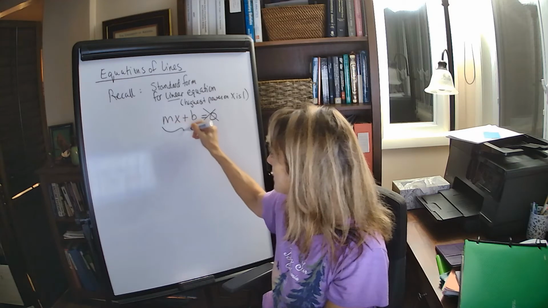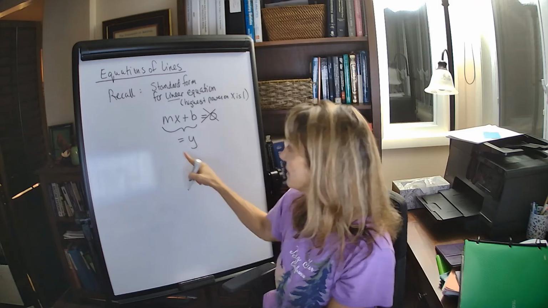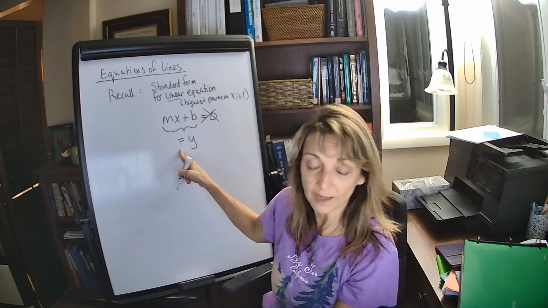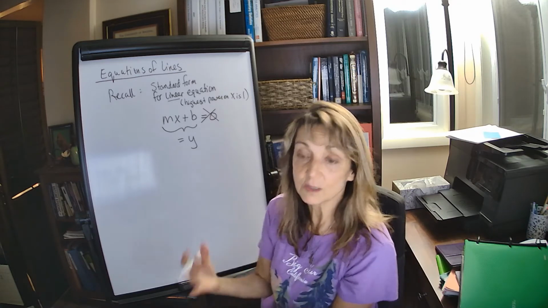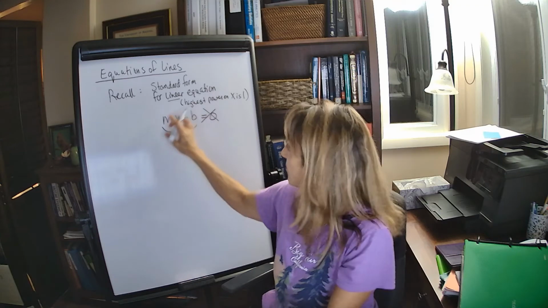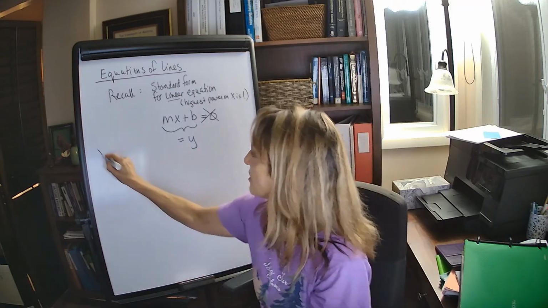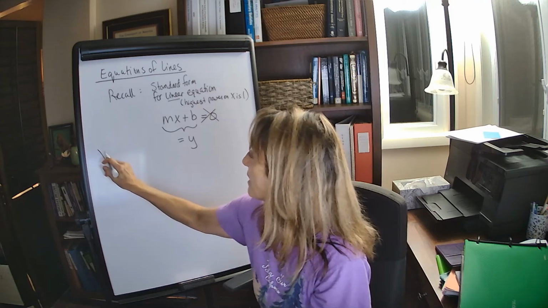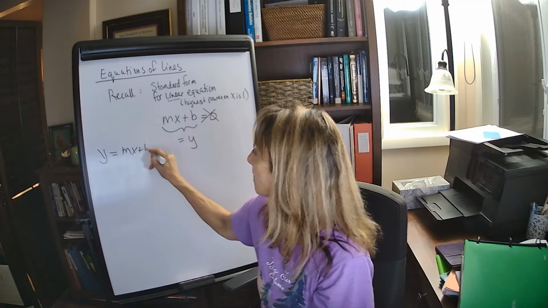Let's say this linear equation, I'm going to give it a name, y. Basically, it's what happens when I put in a value for x and crank through this, I get this y. So let me rewrite it: y equals mx plus b.